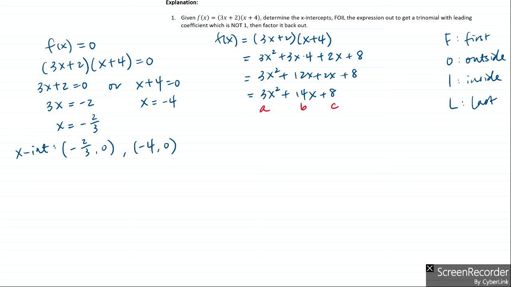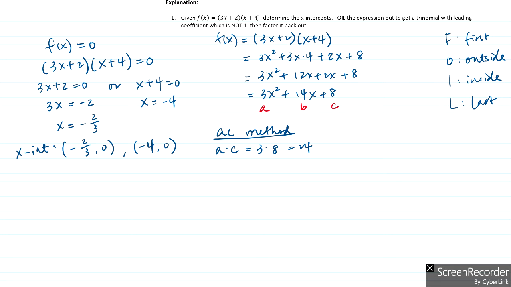With this information, in order to do the factoring process, we have a method that sometimes may be called the AC method. It's called the AC method because we want to incorporate the values of a and c to start with. We want to find the product of a and c first, so we do a times c, which is 3 times 8, equal to 24.